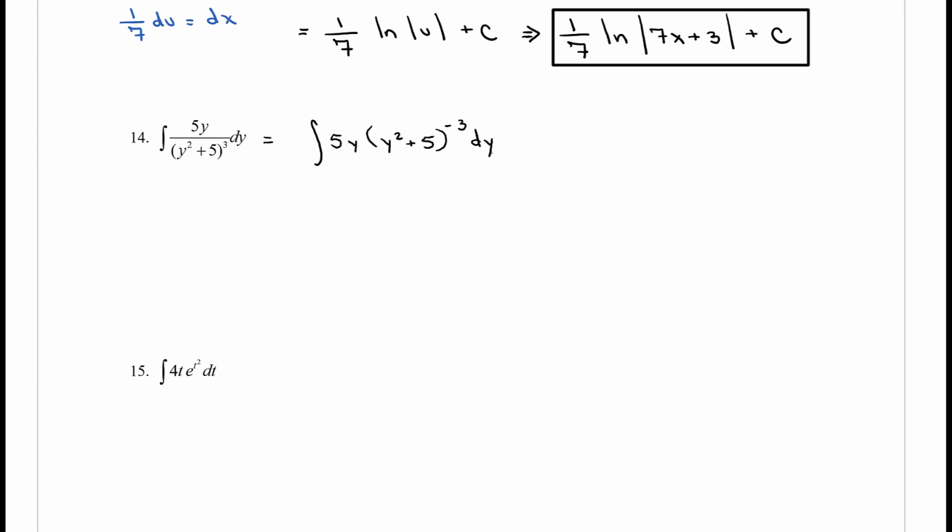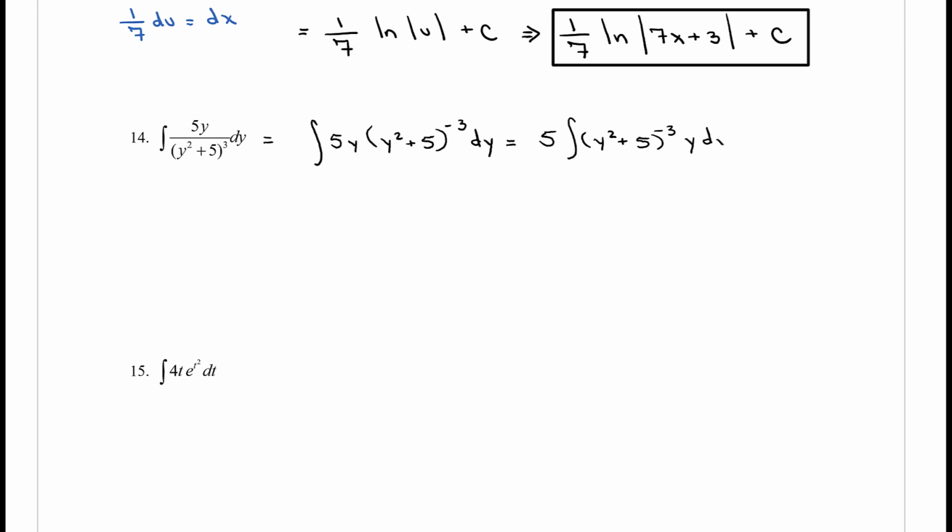And now I'm also going to rewrite this as being equal to, I'm going to factor out the 5 from the integral. So it's going to be 5 times the integral of, open up a set of parentheses, y squared plus 5, close the parentheses, raise to the negative 3 power.